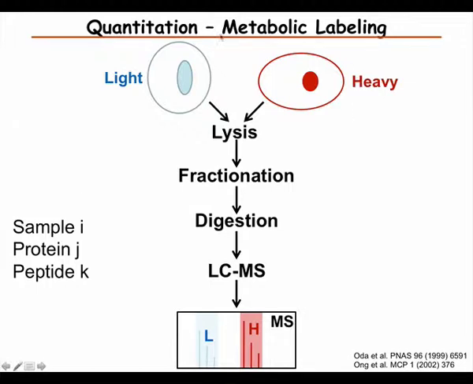Now, the question is, how do these heavy isotopes affect the growth of the cells? In most cases, for cell growth, it seems to work fine. There are no big phenotypical differences. But when you try to make animals with heavy arginine and lysine, those are quite sick and have a lot of problems.